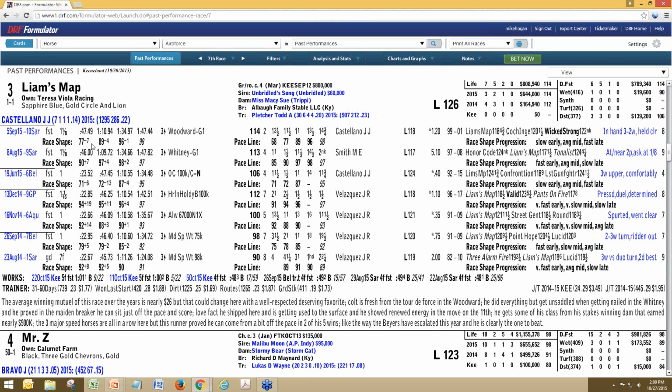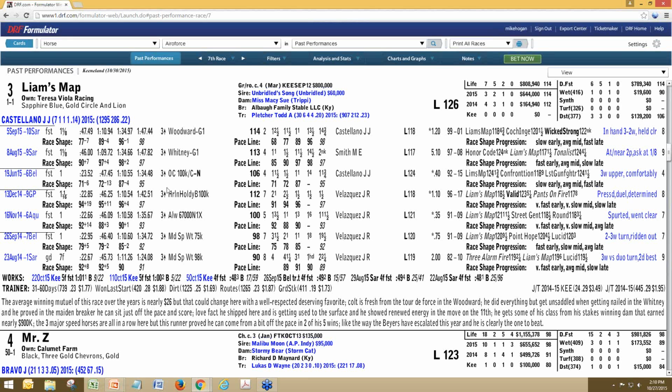So that's probably going to be a little bit more in line with what the dirt mile is going to look like, even though last year, for example, Golden Sense, and the year before, was pretty supersonic out of the gate. Just run as fast as you can for as far as you can. Liam's Map is a little bit more controllable than Golden Sense was the last couple of years. And so I don't think you're going to see him be a complete runaway, but he is definitely not only the horse to beat, but the almost slam dunk clear leader in the field.